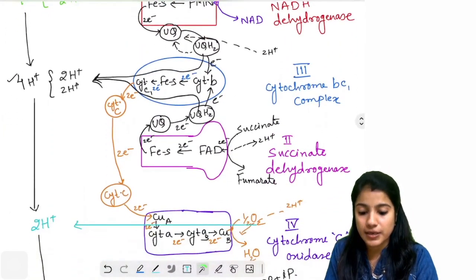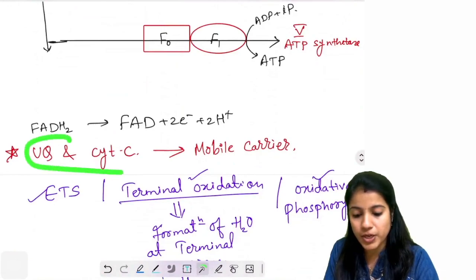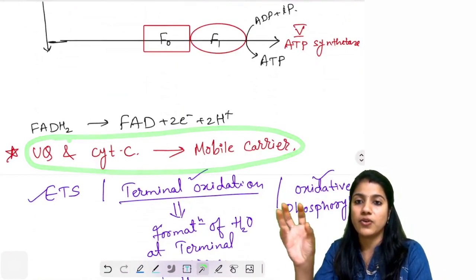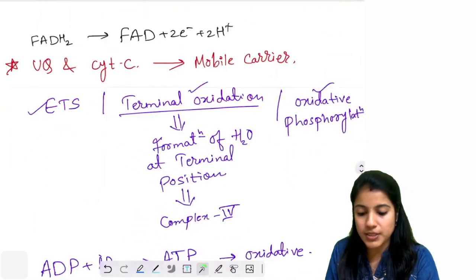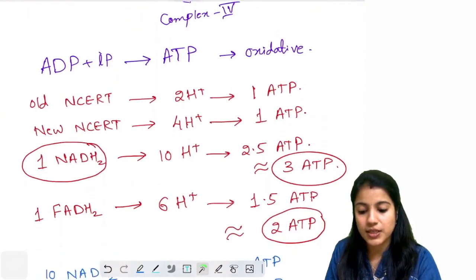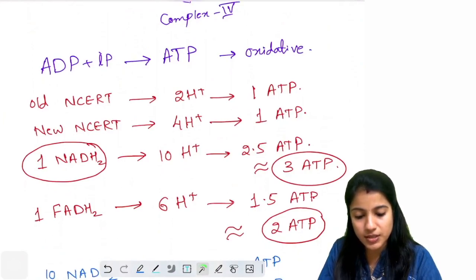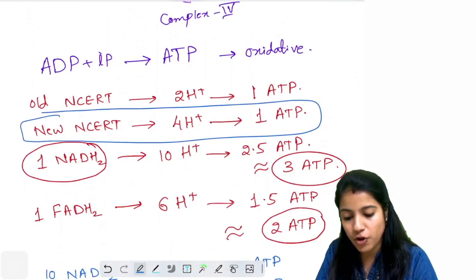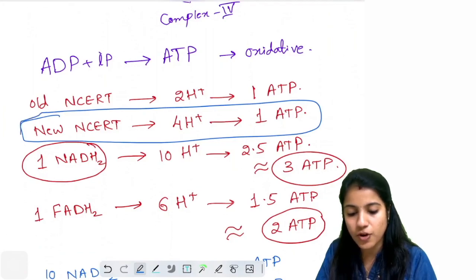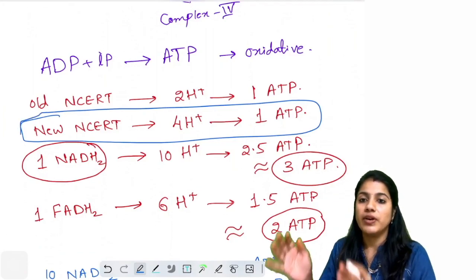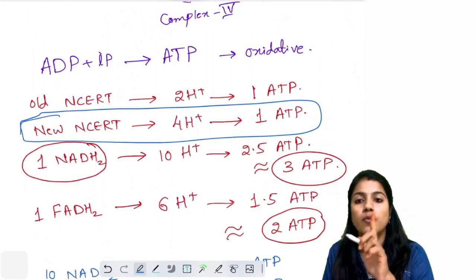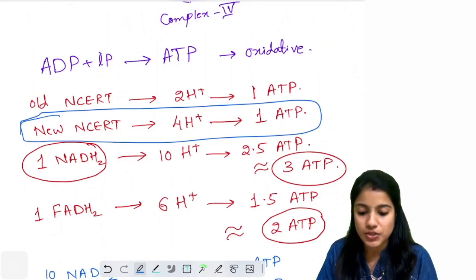Two mobile carriers are there, right? Like cytochrome C is a mobile carrier. They can carry electrons from one place to another, right? What else? We have to consider that according to the new NCERT, 4 protons result into formation of 1 ATP. When 4 protons get pumped through the ATP synthase molecule, 1 molecule of ATP will be generated.